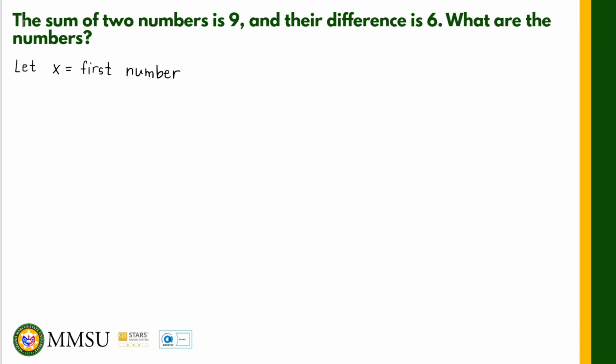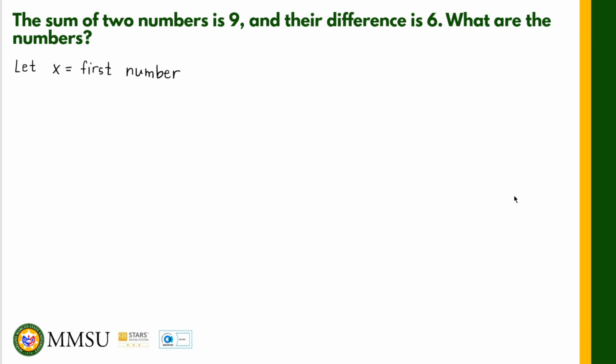Okay, so the sum of the two numbers is 9. That's the statement. Isipin nating mabuti ito. Kung yung first number ay x, at alam natin na meron pang isang number, that when these two numbers are added together, the result is 9. So ano ang expression natin for the second number?